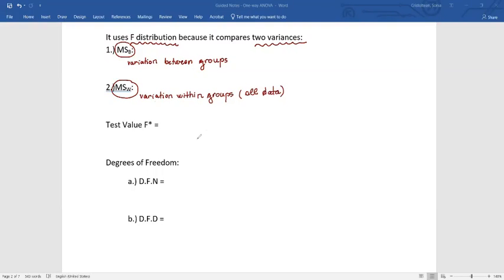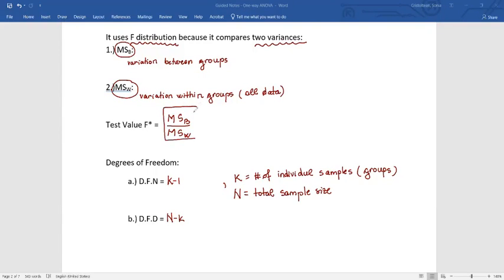The test value is a ratio of mean square between to mean square within. It comes with two degrees of freedom. Degrees of freedom of the numerator is k minus 1. Degrees of freedom of the denominator is N minus k, where k is the number of individual samples or groups, and N is the total sample size. So this is what the test value for an ANOVA test looks like.